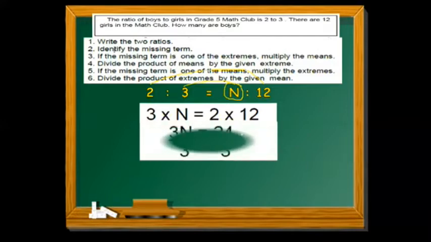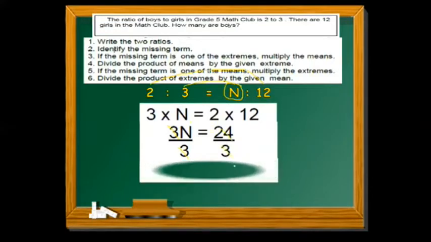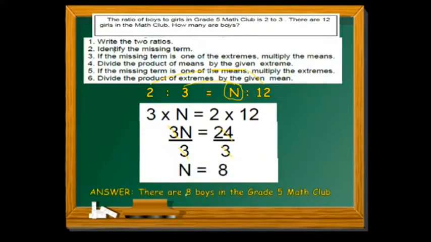And para matira lang yung n, divide natin siya both sides by 3. So, 3 divided by 3 is n, na lang natira, equals 24 divided by 3. The answer is 8. So, it means to say that there are 8 boys in the grade 5 math club.